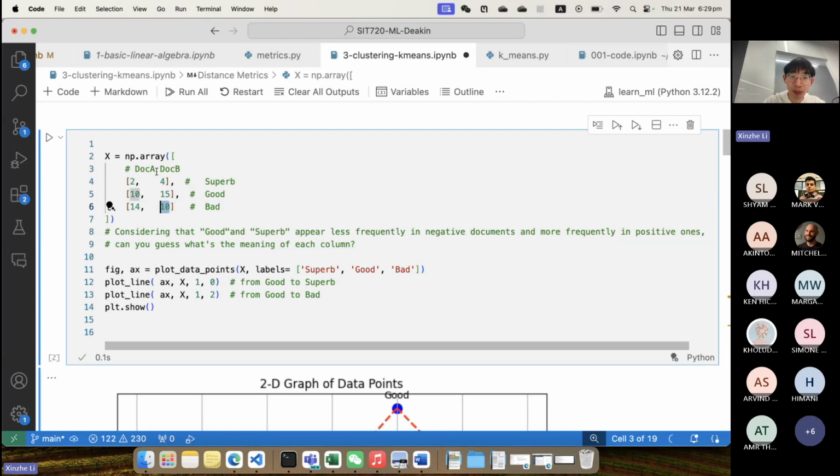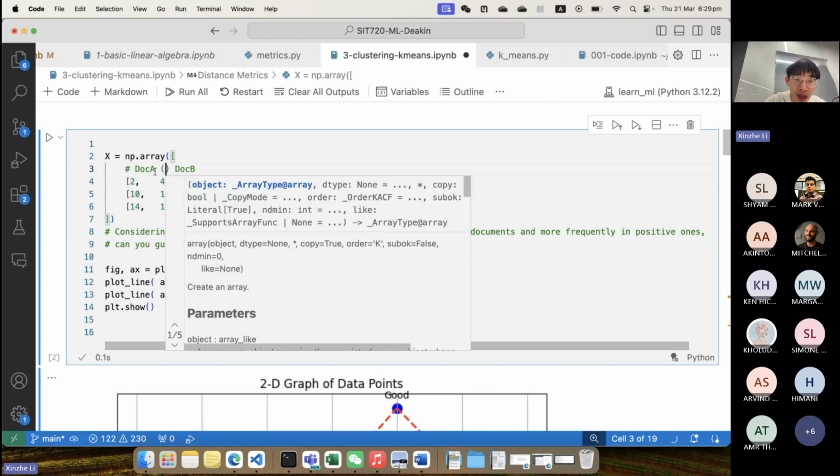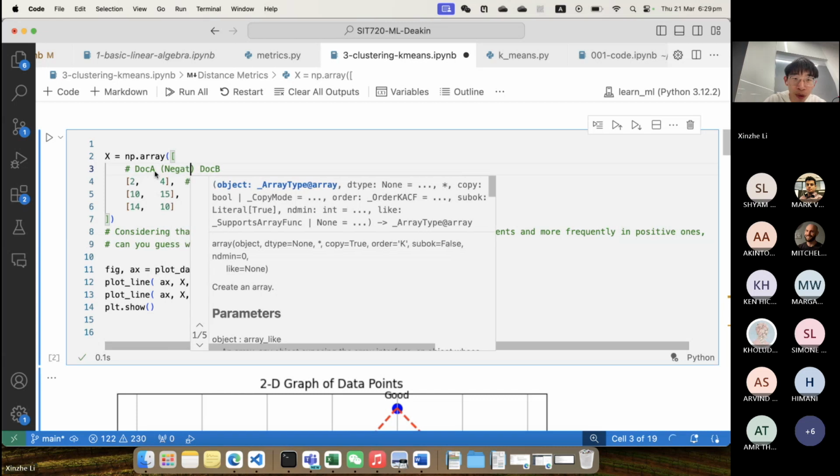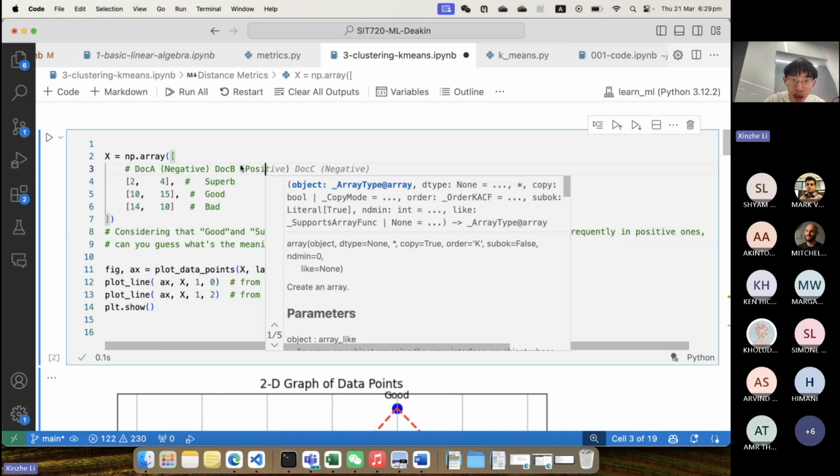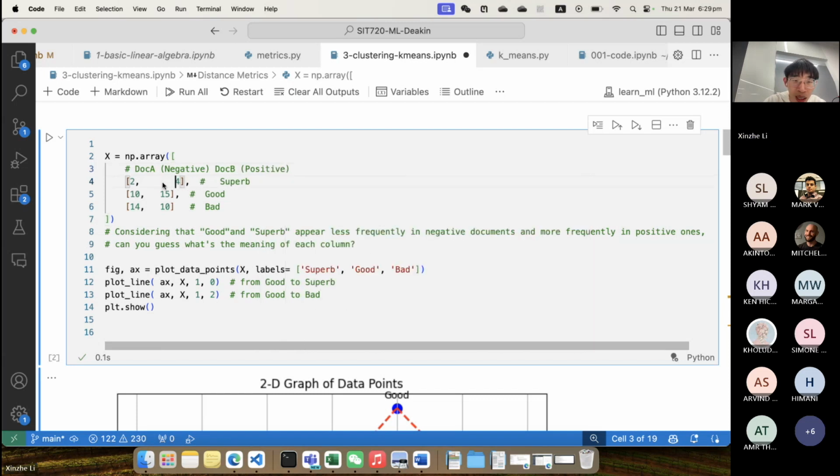So now you can make a very, very simple assumption here. You can see document A is a negative review. Document B is more like a positive review. I think it should make sense for you. Just look at how these values are specified for each word and each document.